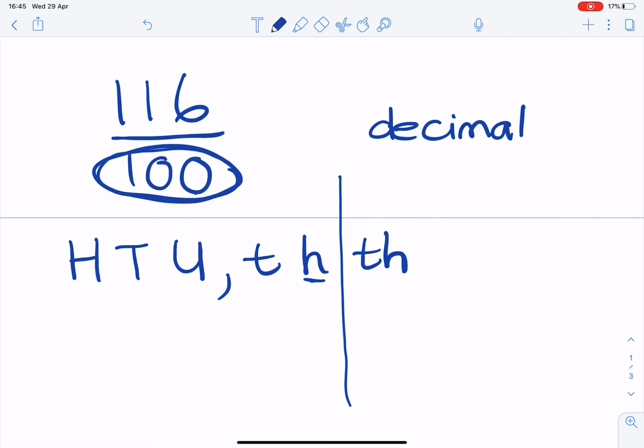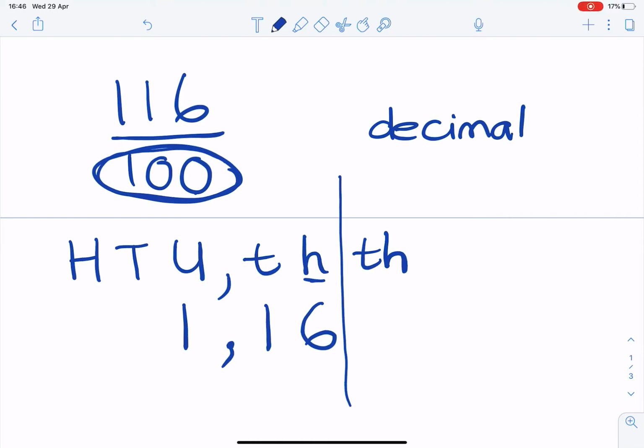So if we fill that number into the table like that, and we bring down the comma, the decimal fraction is 1,16.